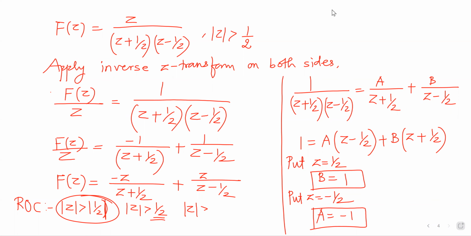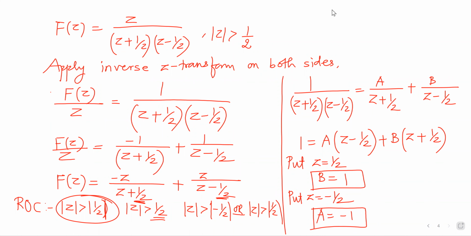I can write mod z greater than mod of minus half, or I can say mod z is greater than mod of plus half. And we are having both situations here, so for both cases it is the same. Mod of minus is also positive only.